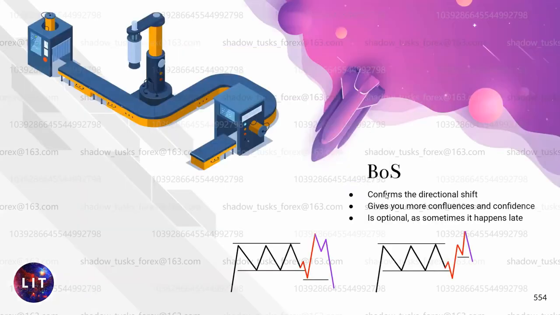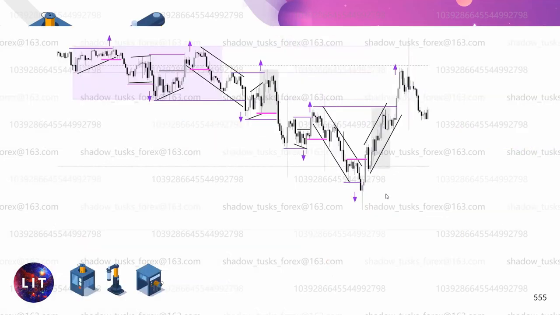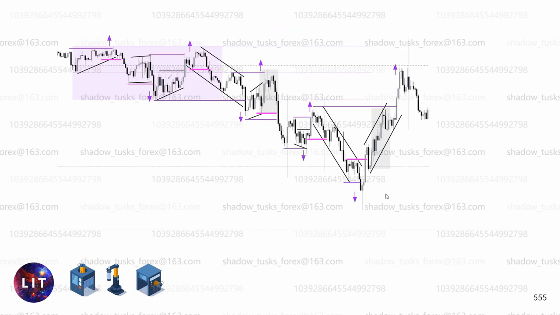All right, again, the optional point is the only optional step because it can happen quite late, but let's get into it. So inducement high, break of structure, potential mitigation, and then again inducement low. But here, look, where would your break of structure point be? Right here.